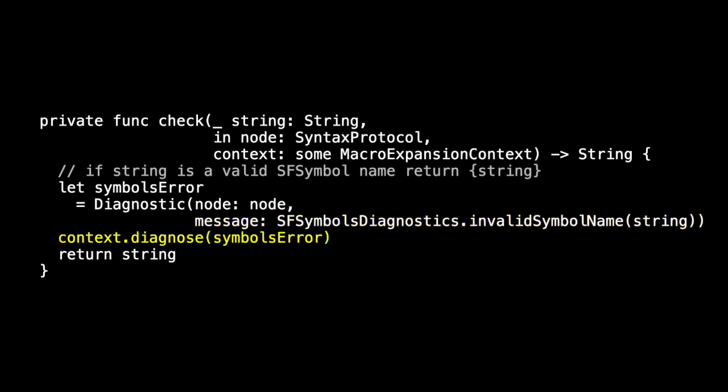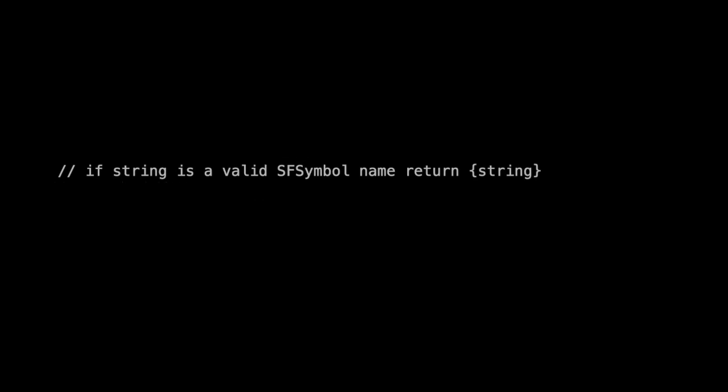Once we have our diagnostic, we call context.diagnose and pass in the diagnostic as the argument. So that's the important part, but for completeness, let's return here and see what we mean by checking to see if the string is a valid SF symbol name.